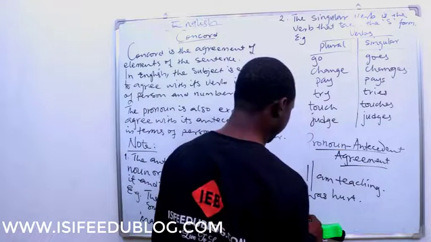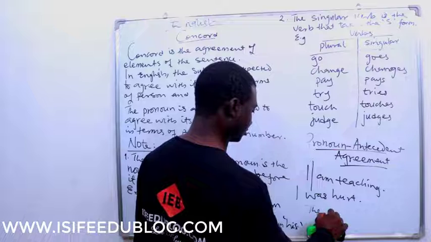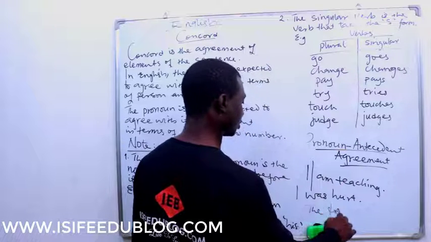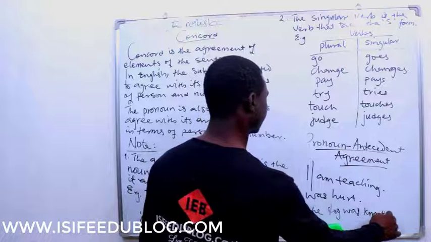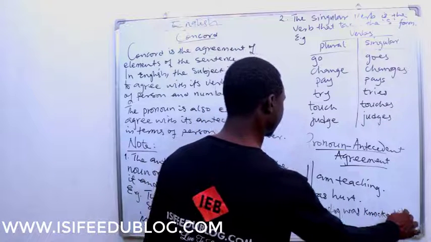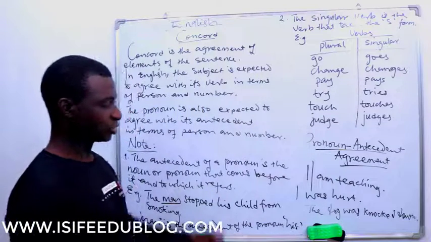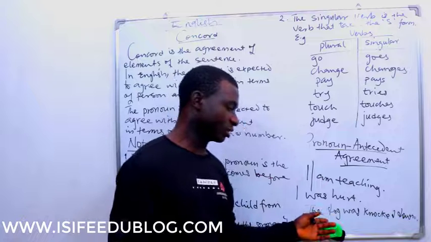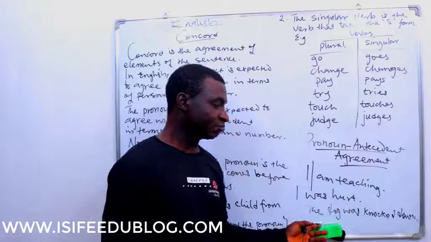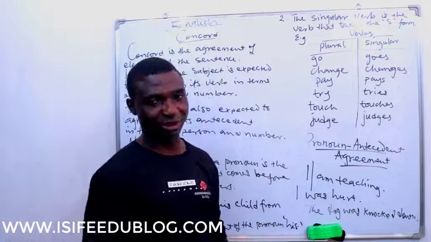Then, in "The dog was knocked down," that's again another issue. The dog is the subject of the sentence, but who knocked the dog down was not even brought in.